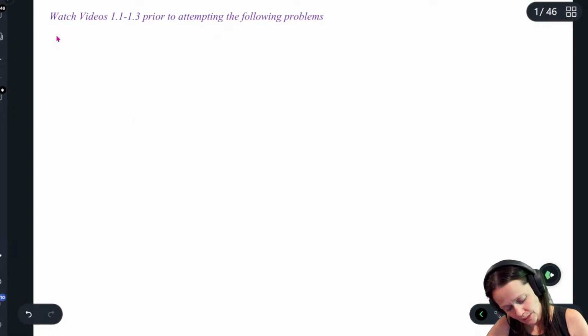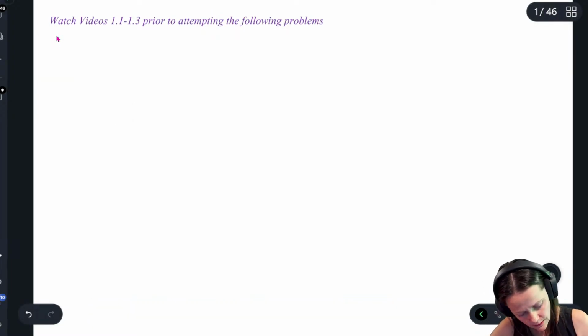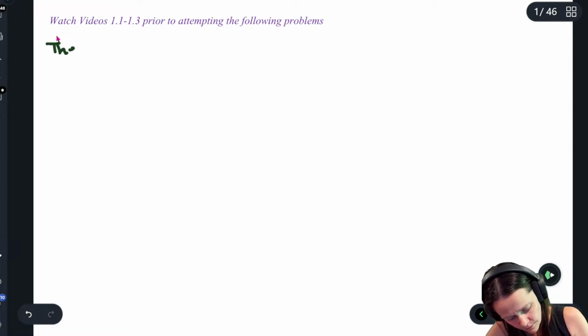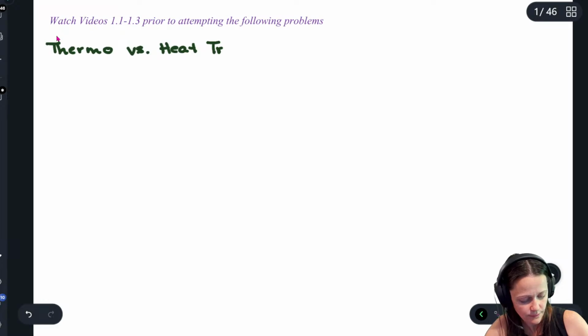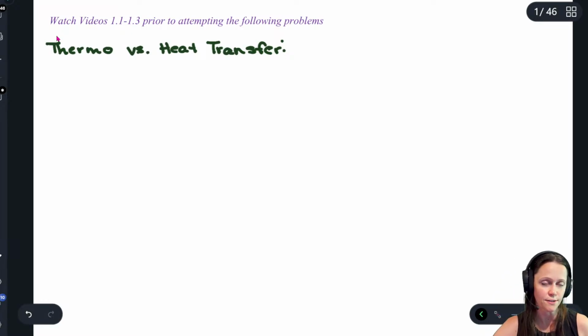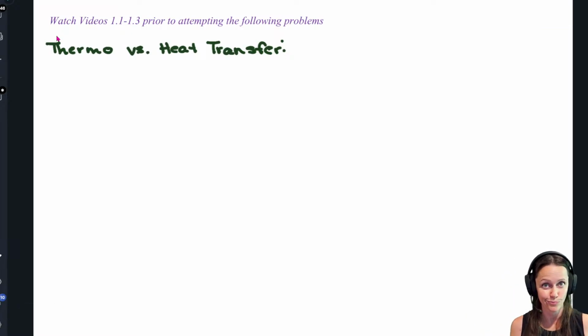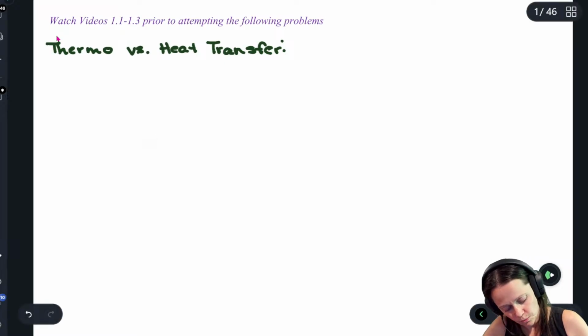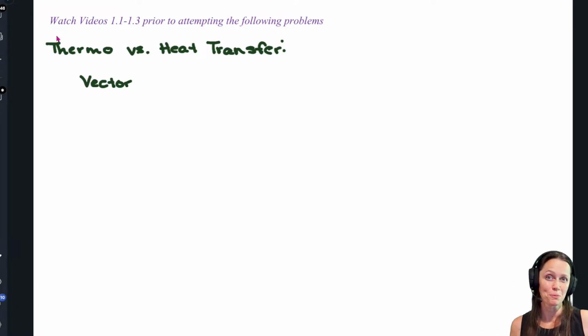So, thermo versus heat transfer. It's different in the way that we treat Q. In heat transfer, we treat it as a vector, so it has a direction and it has a magnitude.